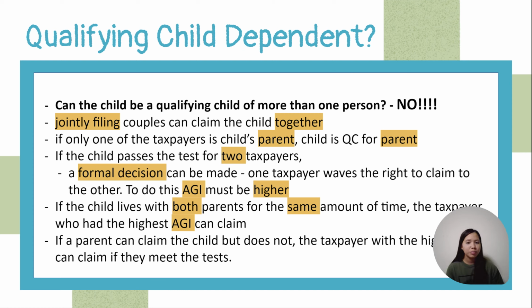If the child lives with both of their divorced parents for the same amount of time, meaning that, because in order to be a qualifying child, you have to live with the taxpayer for more than half the year, if they live with two taxpayers for equal time, then it's the person with the highest adjusted gross income that will be able to claim the child dependent.